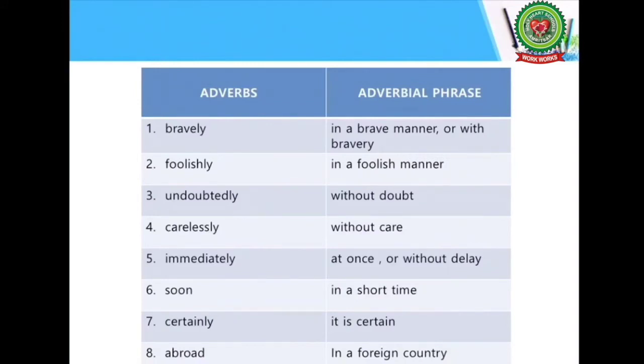Third, undoubtedly: without doubt. Fourth, carelessly: without care. Fifth, immediately: at once or without delay. Sixth, soon: in a short time. Seventh, certainly: it is certain. Eighth, abroad: in a foreign country.